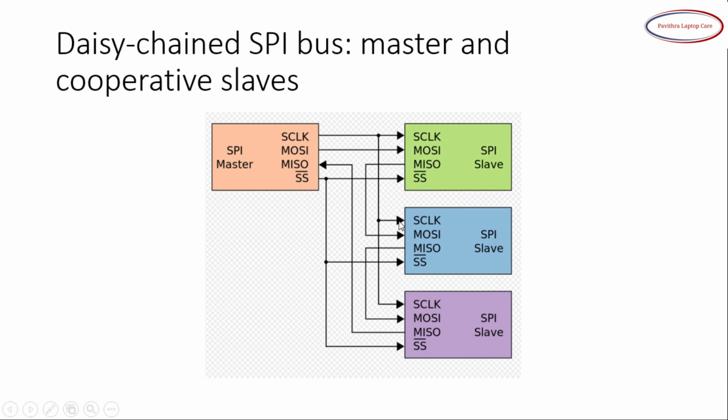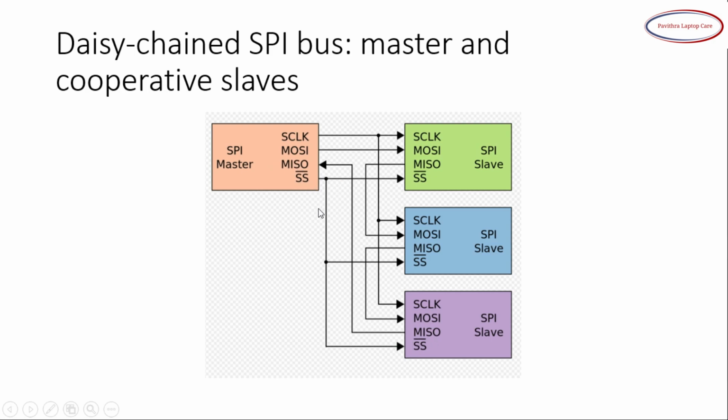What the second one is receiving, please observe here, master in slave out, that output is going to the second slave's input, master out slave in. And same thing, this output is going to the other slave's input, and this final slave output MISO is going to the master.